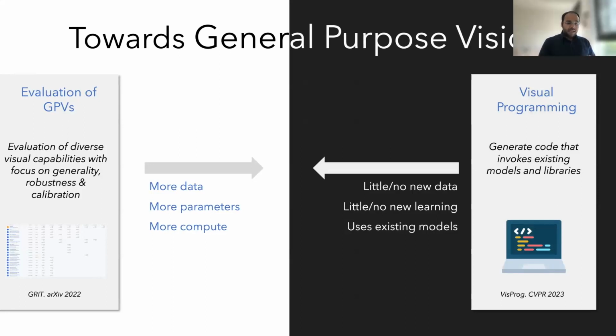And around the same time, LLMs were getting really, really good at generating code. And so that is how visual programming came into being. It's a very simple idea. You generate code using an LLM, and then that code is executed on your inputs to produce a desired output.